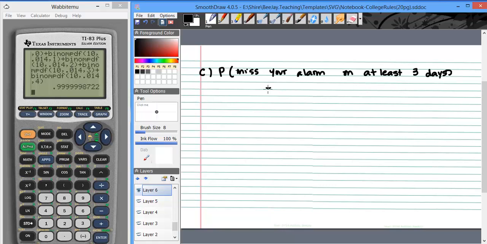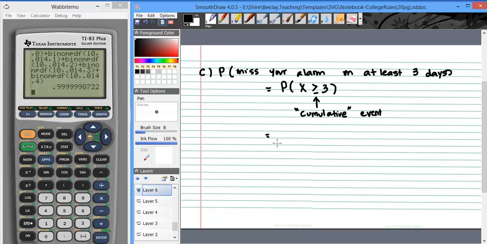If I change this to a mathematical expression, x is the number of days I missed, and x has to be greater than or equal to 3. Greater than or equal to 3 is a cumulative event. This is not an exact event. This is a cumulative event. So I must use a CDF right away.